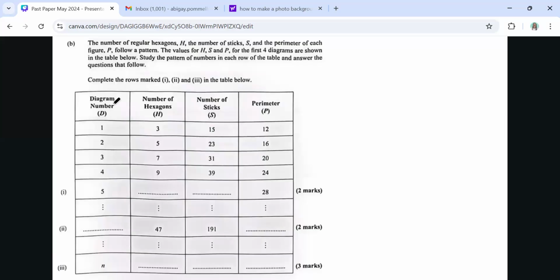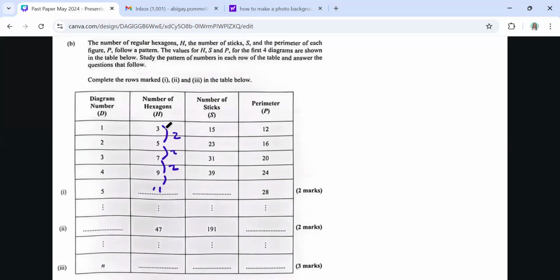So diagram number 1 has number of hexagons 3, number of sticks 15, and the perimeter is 12. So I am going to go down one column. The same thing we did a while ago: we realized that here we add 2, so when we add 2 to 9, we got 11.